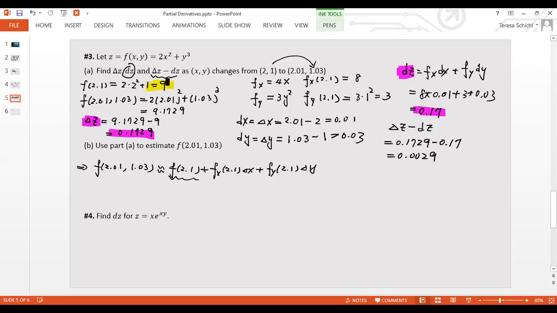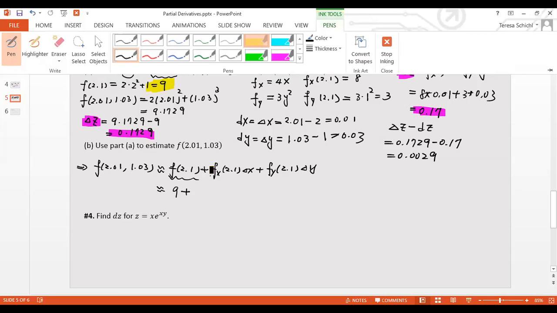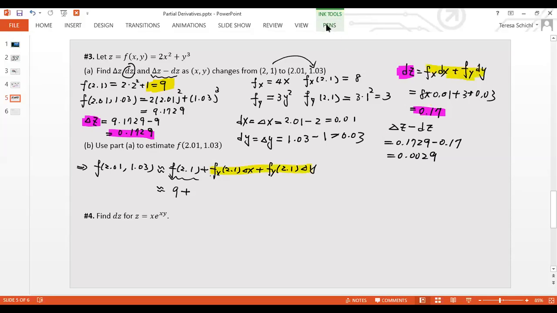We got 9 here. So this is very close to 9 plus dz, so we say plus 0.17. So the true value is 9.1729. See how close it is? Just like we said, the difference is less than two decimals, it's 0.0029. Okay, so that's what we call the linear approximation.